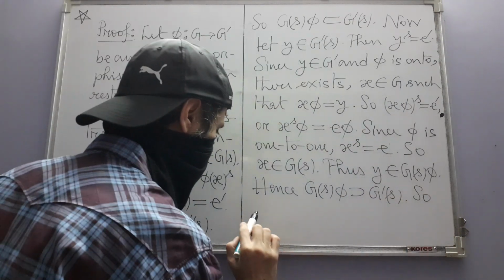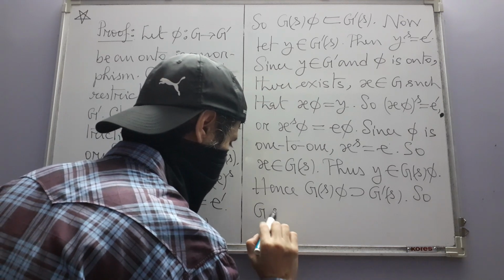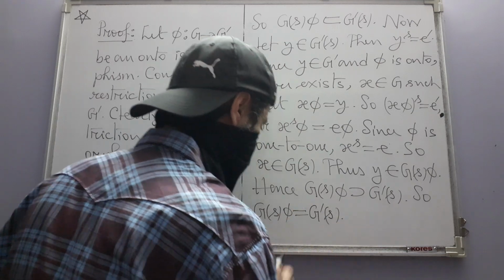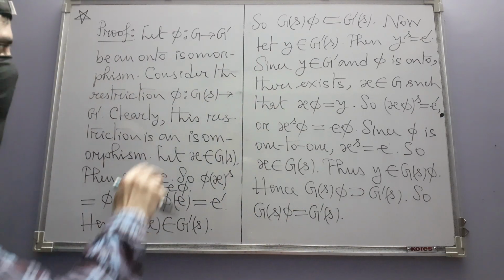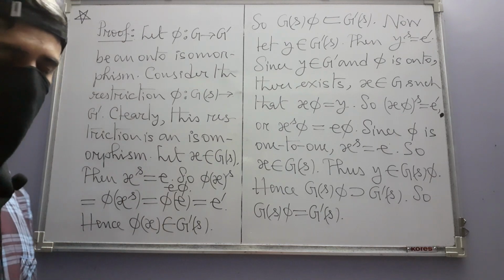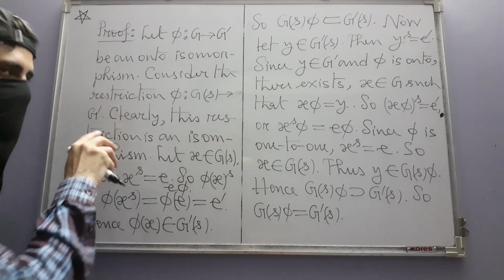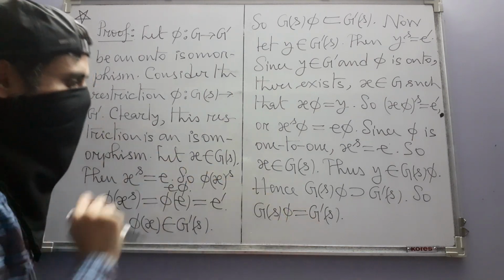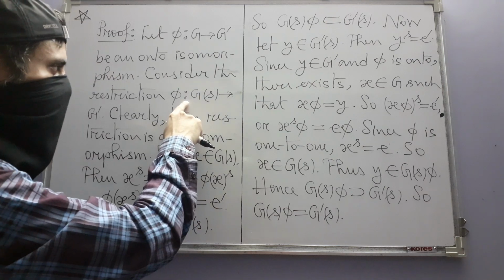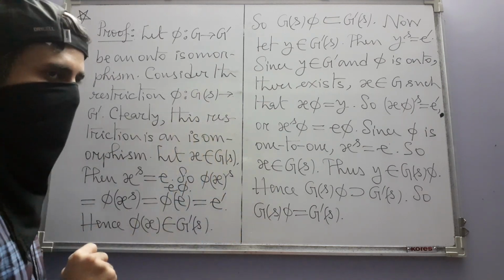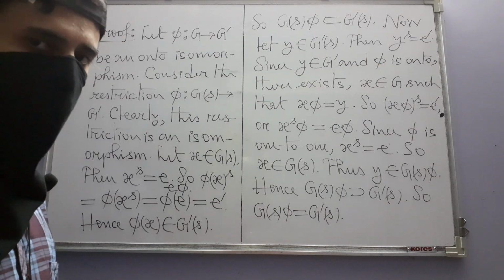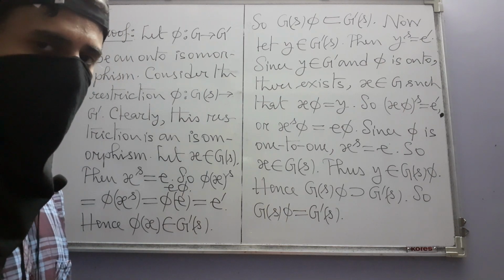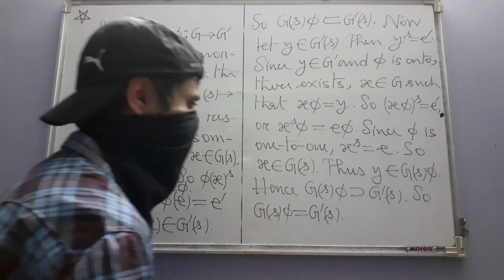And that is why if we now change this function, this restriction, by changing its range or its codomain, no matter what you want to call it, from G prime to G prime of S, then it will still be an isomorphism, because it will not lose its one-to-oneness or homomorphism property, but additionally now it will be onto as well. So it will be an onto isomorphism.